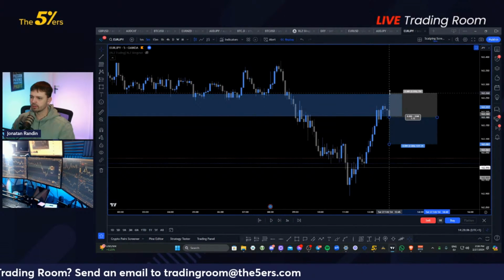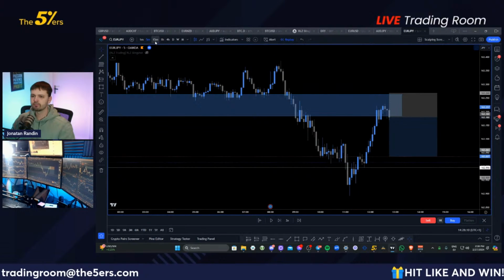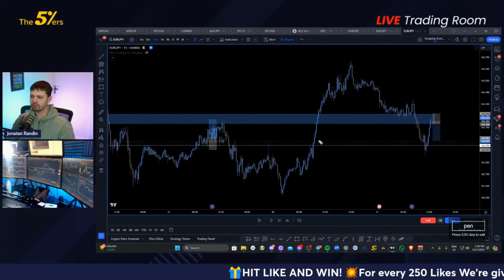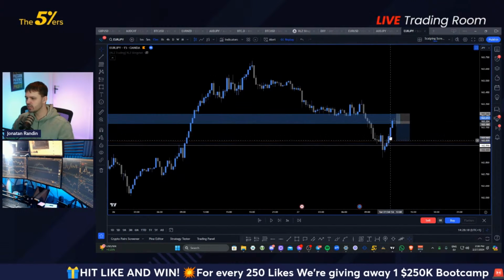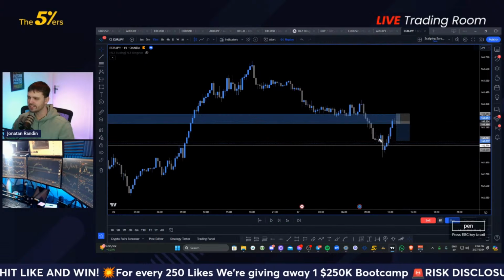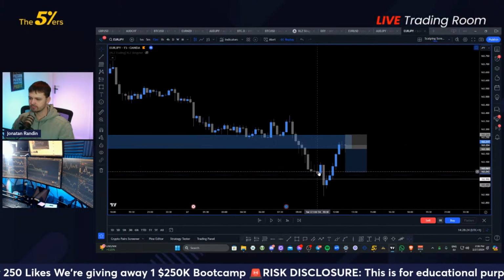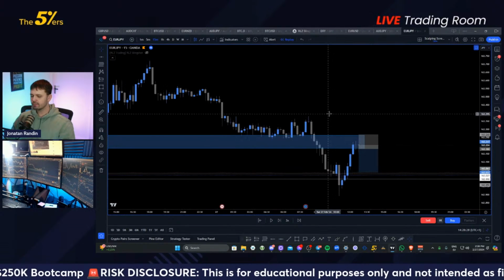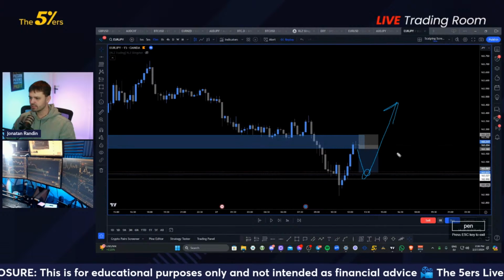And stop loss well above the level, a wide stop loss, and then TP. I would probably TP based on where the levels below are. Now, obviously, you have a very good looking level here, and price has already retested that level. So I want to exit somewhere in this area right here. I think that level right there makes sense because price might come down here and then bounce again and just break straight out.